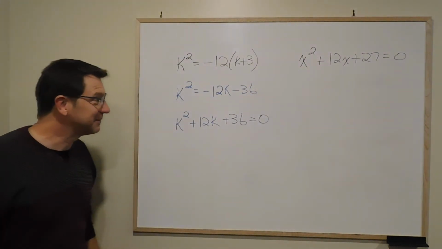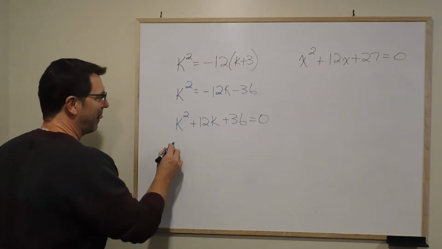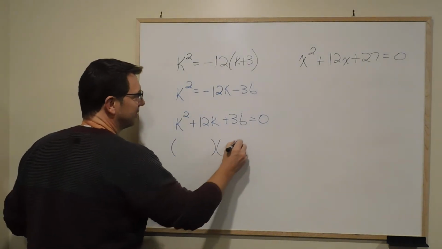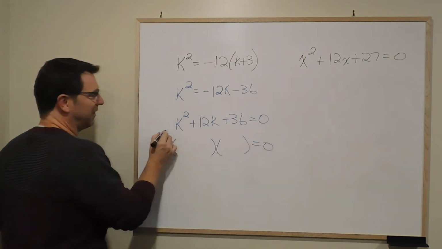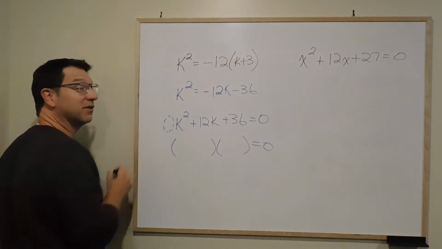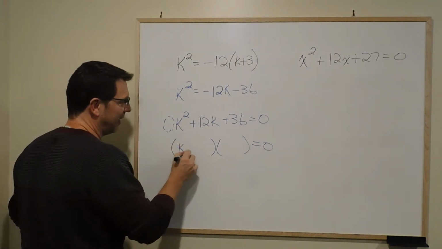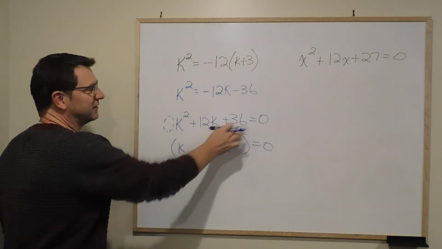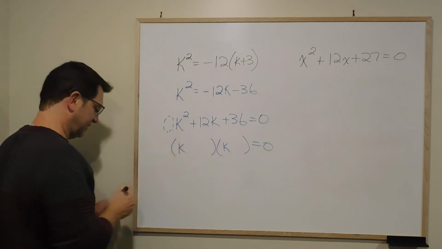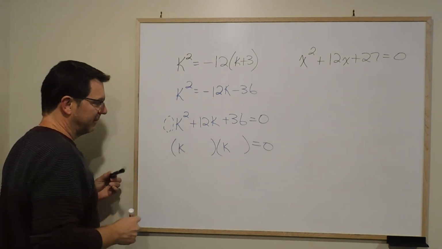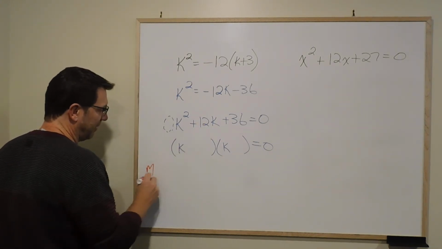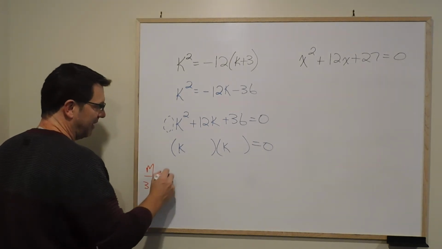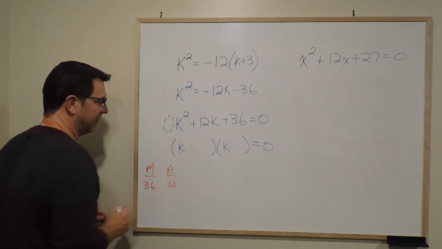Very, very similar. So here we go. I need 2 brackets, because there's nothing in front of the k squared, so I can do it the quick way. I can put k in front of the first brackets. I need something that multiplies to 36 and adds to 12.